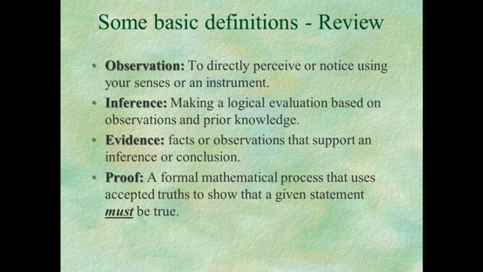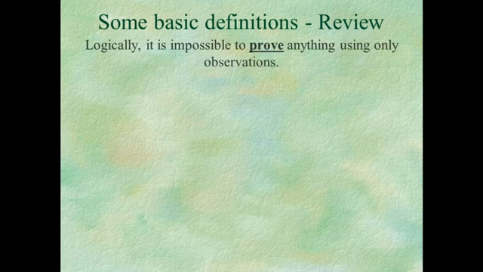scientific terms. And the reason for that is because it's impossible to prove anything using observations. Let me give you some examples of this. It's not possible to prove something using observations. It's often possible to disprove something using an observation, but it's not typically possible to make a proof.